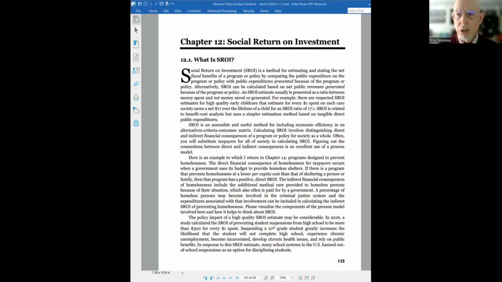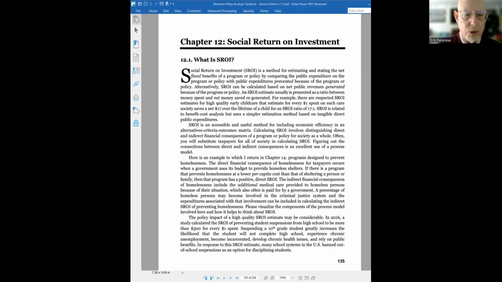Once suspended or expelled, they had a very low likelihood of completing high school, which meant they had a much higher likelihood of needing to receive public benefits through social welfare programs, and also, very unfortunately, a much higher likelihood of ending up with criminal justice system involvement and incarceration. Public welfare programs and incarceration are very expensive, and those costs are directly borne by the taxpayer. If you can engage in some type of intervention that can prevent that from happening, then you can demonstrate powerful social returns on investment.